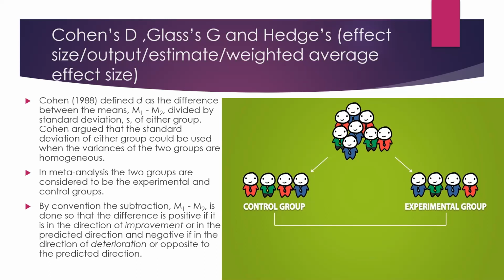Now, if you say there is a chemical I'm testing or a surgery I'm testing, but there are no experimental studies on it, can I do a meta-analysis? No, you cannot. Can I calculate a Cohen's d? No, you cannot. It's not possible.